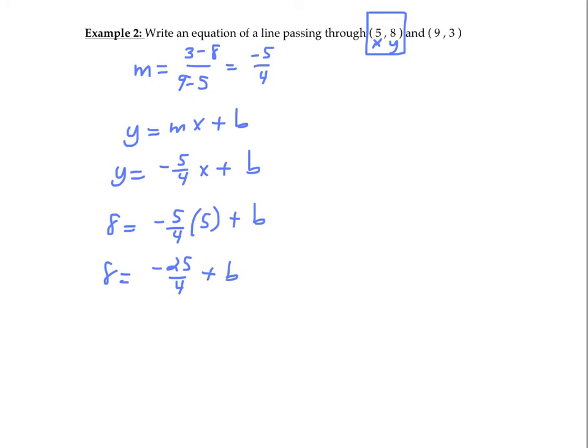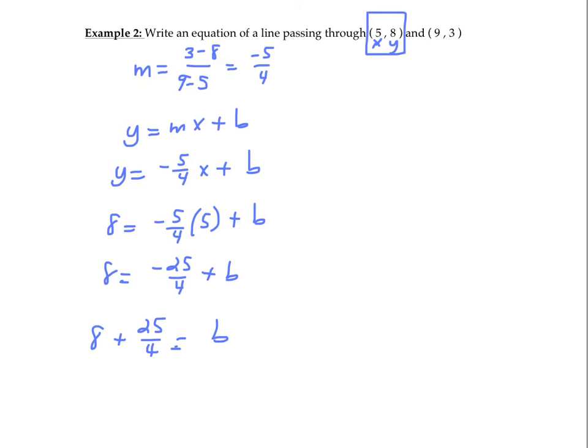Okay, to solve for the y-intercept, we have to add that 25/4 to both sides. So we have 8 plus 25/4. That's equal to b. Okay, if we're going to add these two together, you could do it in a couple of different ways.